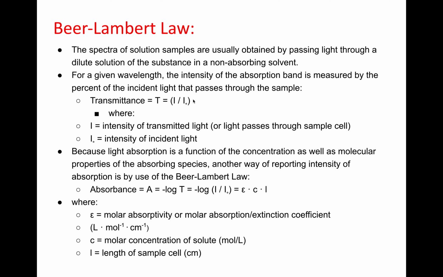Now, the absorbance of light, we know, is some function of the concentration. The more concentrated the sample, the greater it absorbs. The path length that the light goes through, that makes sense. The greater the path length, the more molecules the photons may be exposed to, and thus the greater absorbance.